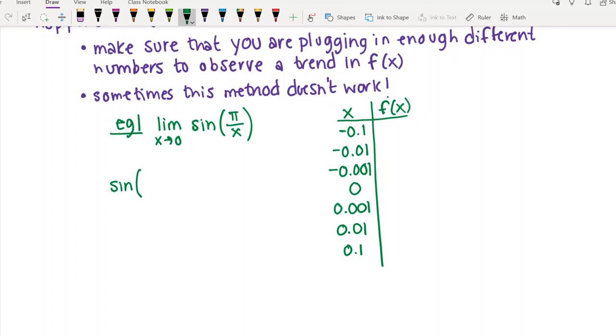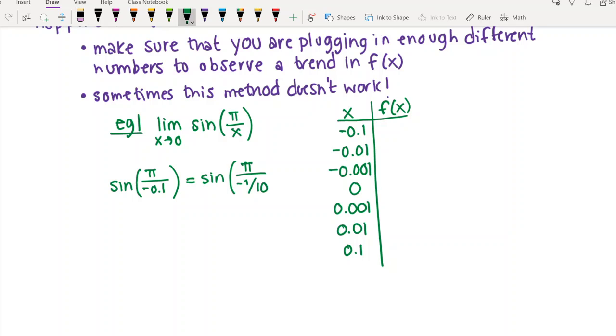So sine of pi divided by -0.01. So -0.01, another way of writing that is negative, oh, sorry, I meant to do 0.1. That's our first value. So another way of writing -0.1 is -1/10, right?